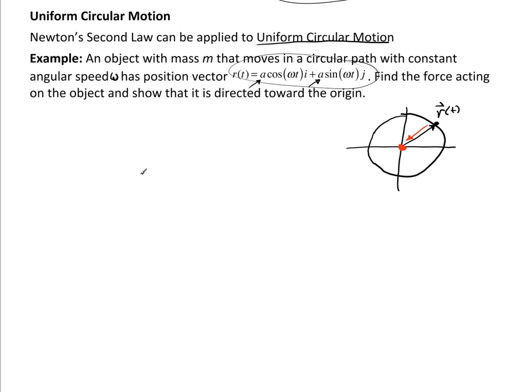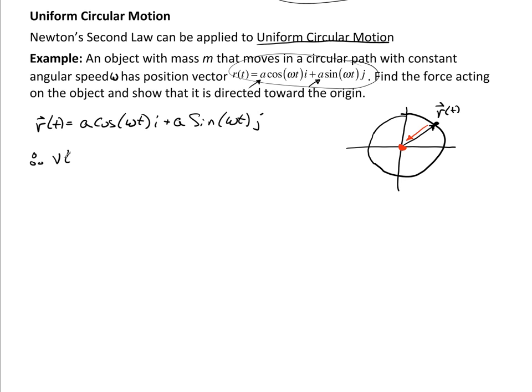Okay, now I know that r of t, my position vector, is a cosine omega t i plus a sine omega t j.